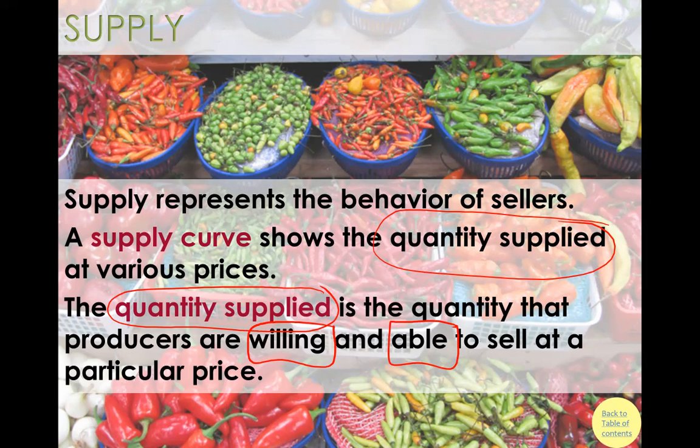They are willing to provide such things at a particular price. Willing means they are making a profit, or they are maximizing their profit, at a particular price. Okay? So this is very similar to quantity demanded. Just to remind you, quantity demanded is the quantity that buyers are willing and able to purchase at a particular price.